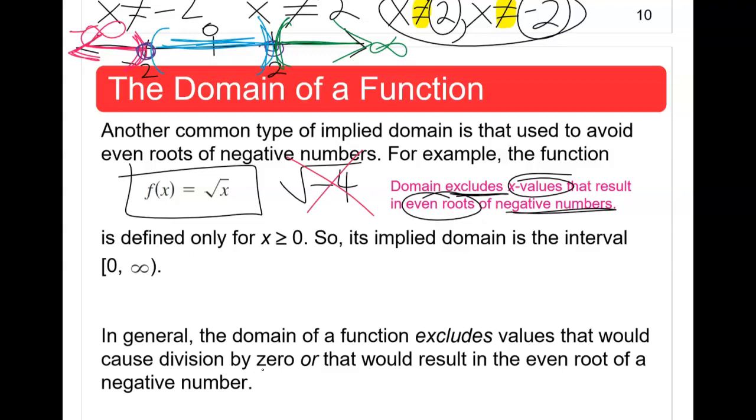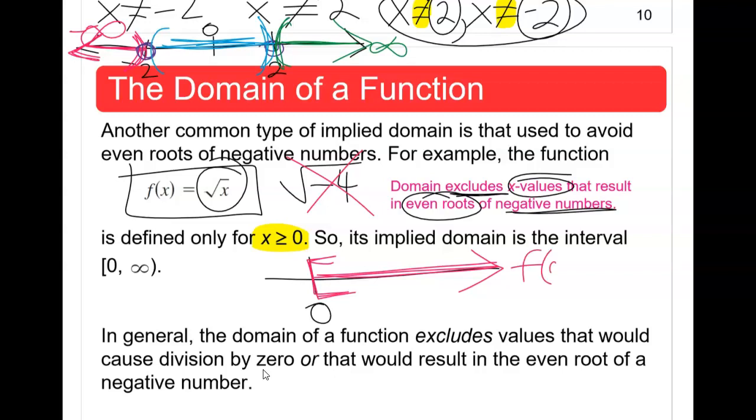So we say that for this equation, the domain is going to be everything that is greater than or equal to 0. So on the number line, 0 is here. We still consider the 0, so we use the square bracket, and then everything that is greater than 0. And we include 0 because f of 0 is defined.